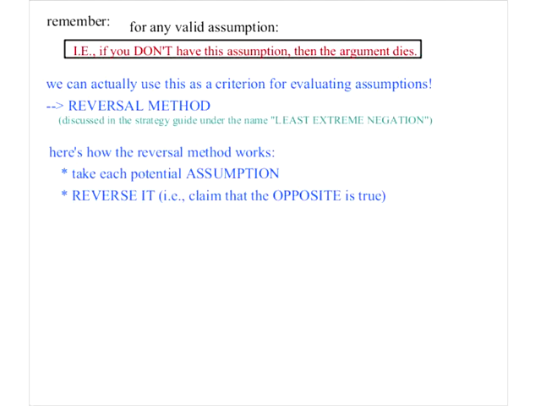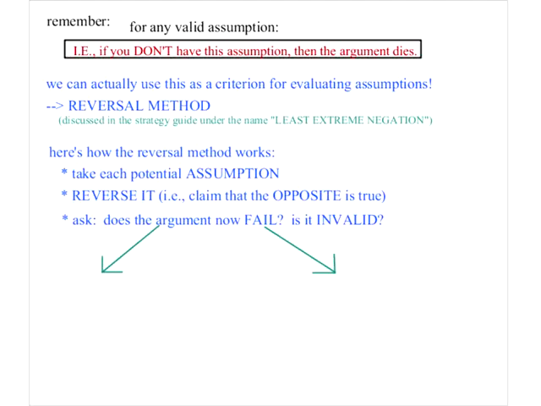Ask yourself, does the argument now fail? Is it invalid? There's two ways that this could come out. Either it fails now or it doesn't fail now.